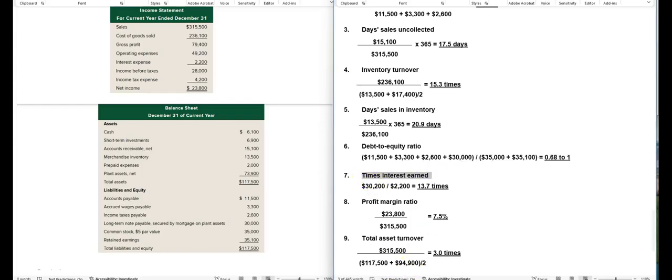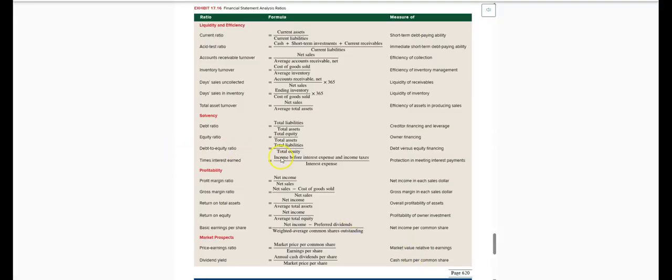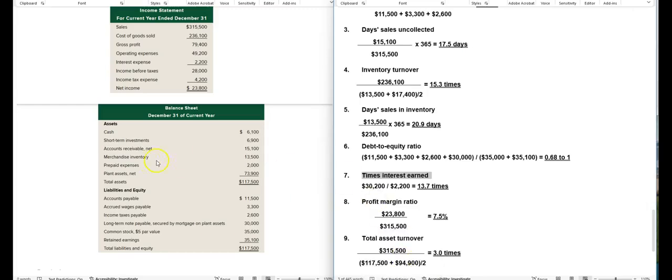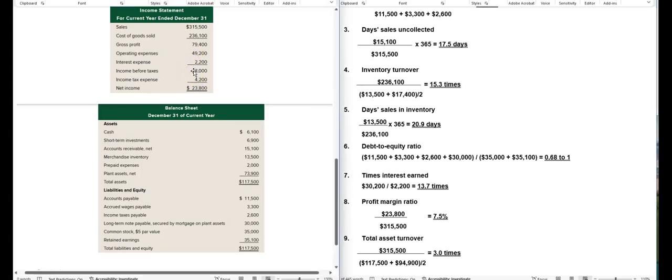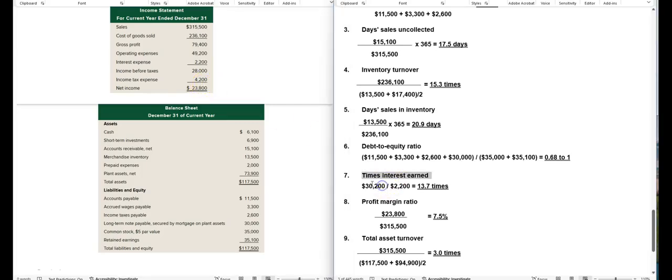Times interest earned is going to be income before our interest expense and taxes, divided by the interest expense. Our income before income tax and interest would be the $28,000 plus the interest expense of $2,200.